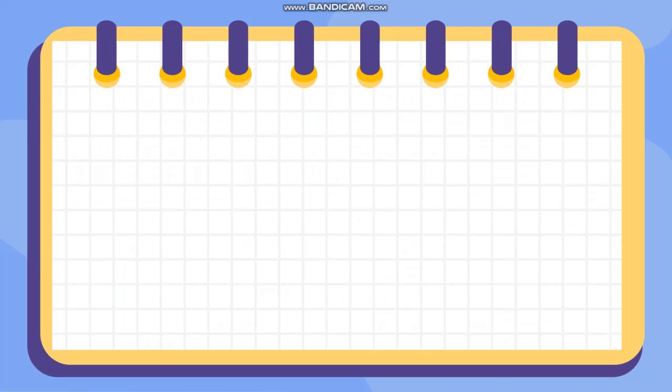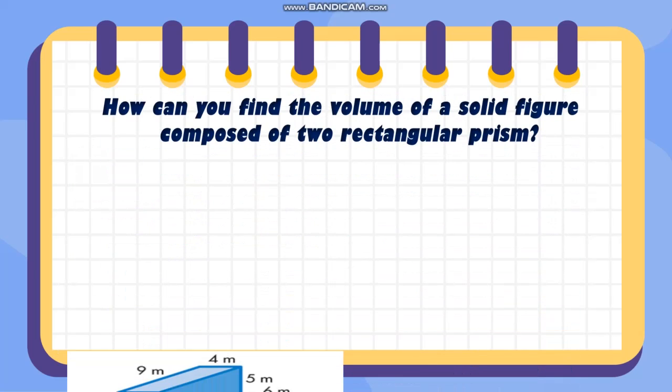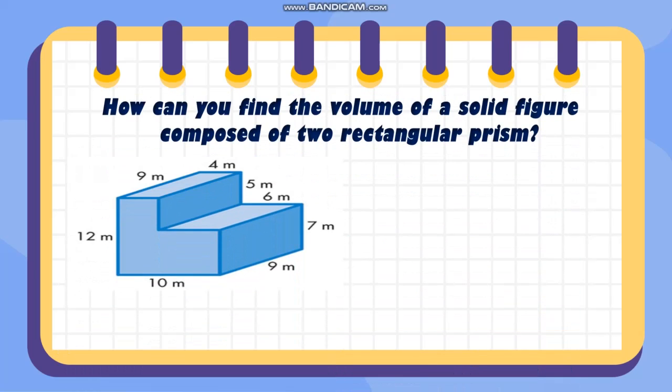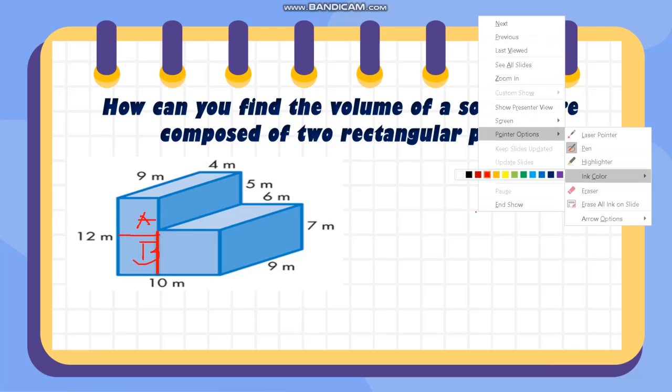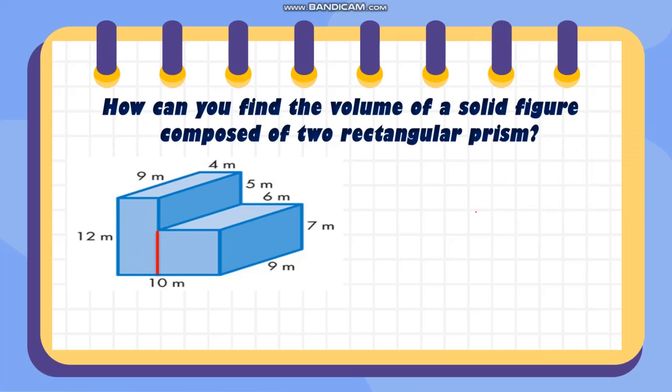Okay, next. Let's use the same example, but now I'm going to cut it vertically. Before, we cut it like this. This is our prism A and this is our prism B. Now I'm going to cut vertically and let's find out if we can get the same answer.